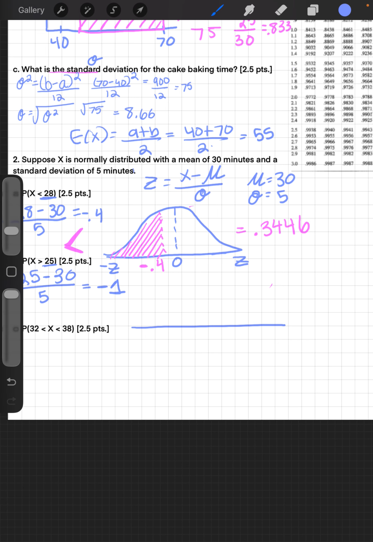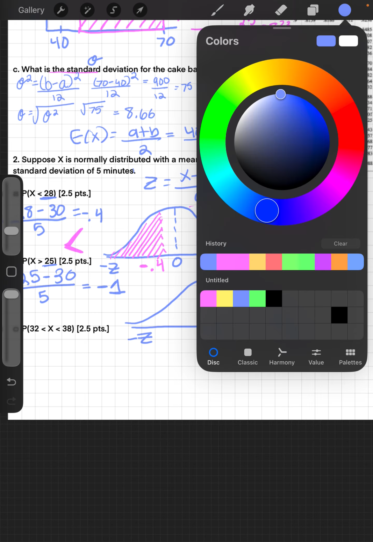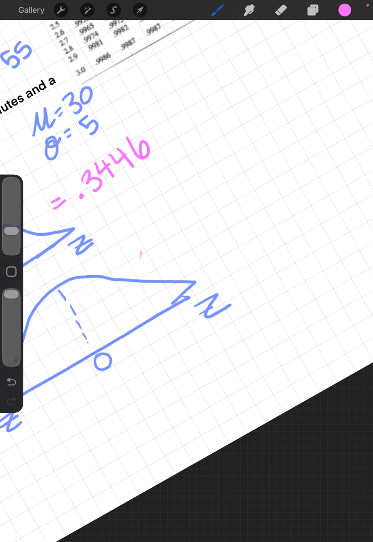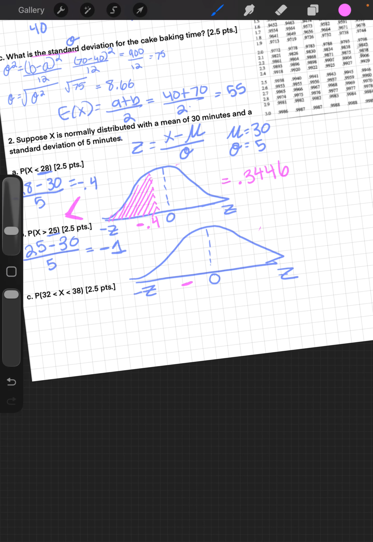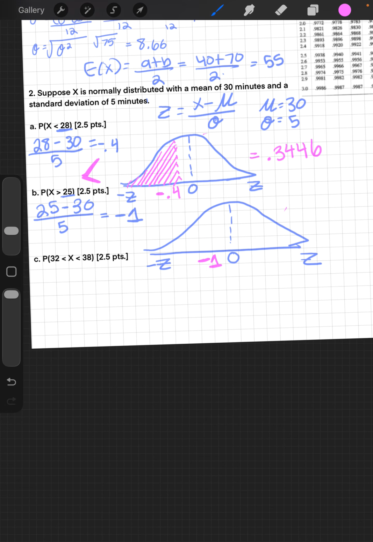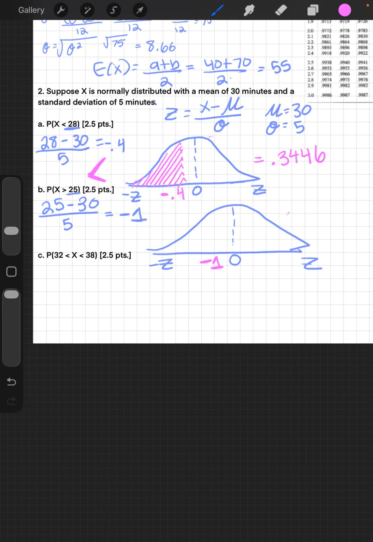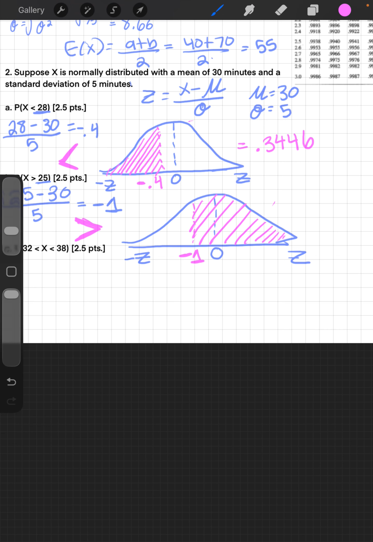And when we draw the chart, negative 1. Since this is greater than, it's going to give us the right side. And this means we have to do 1 minus our z.